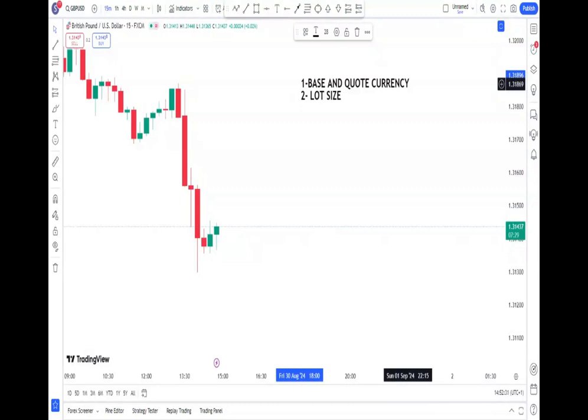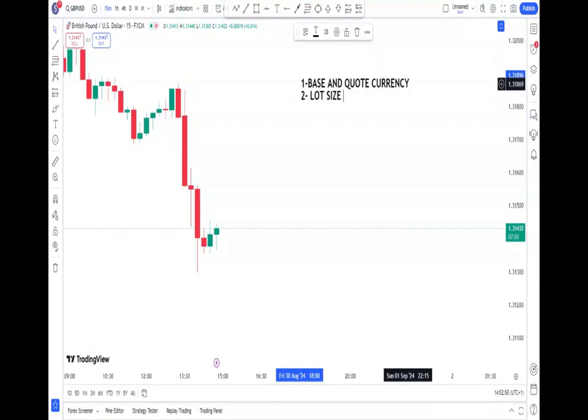So the lot size is a standardized number of units of an asset being traded. In forex, this refers to a standard size of a trading contract. You can see it from the top side when we start the practical, I will show you where you are going to see the lot size and how it's being used.